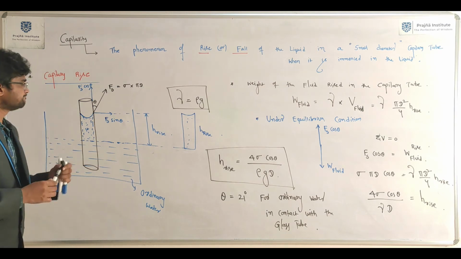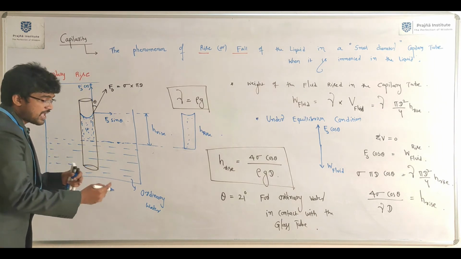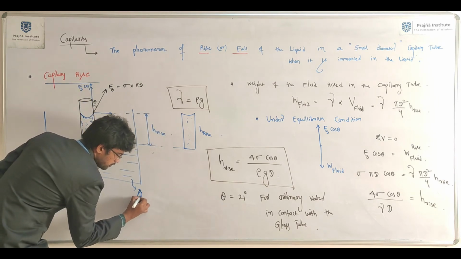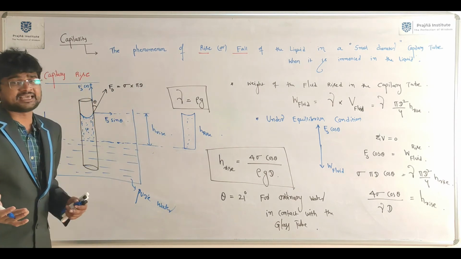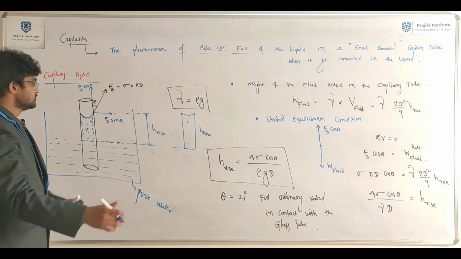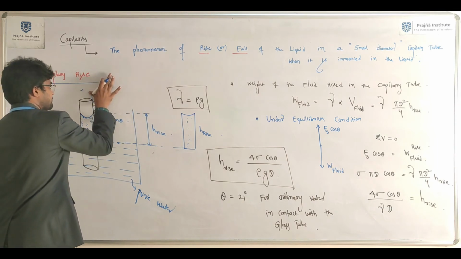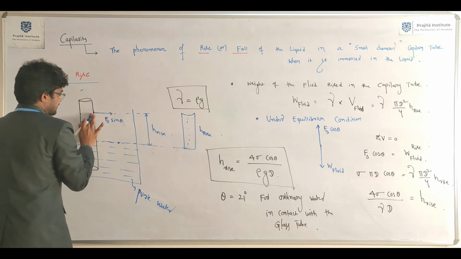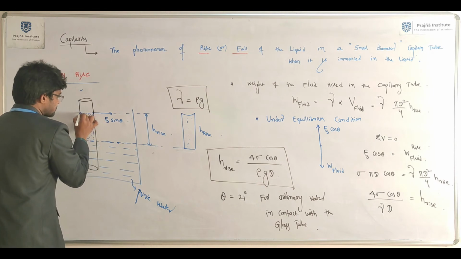Next, in this capillarity, now I am pouring pure water. You can call it mineral water. In the pure water condition, you won't get this kind of thing. Here it will rise up to here.